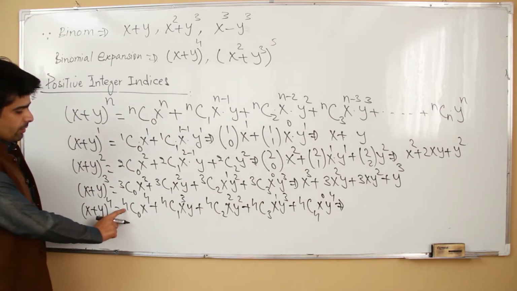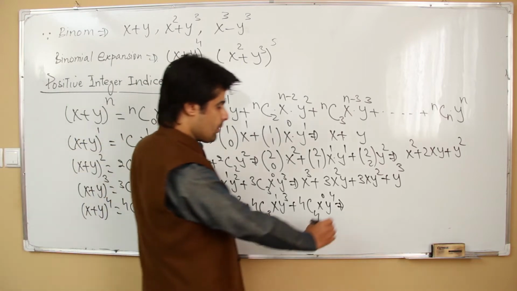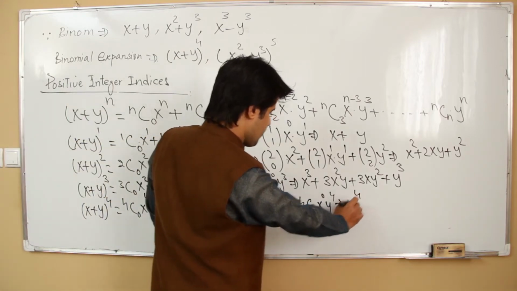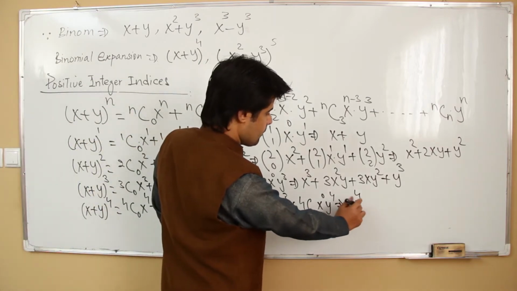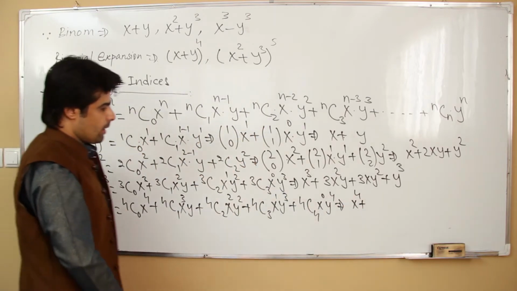If you simplify 4C0, it's 1, 1 x to the power 4. Do not write y to the power 1. Plus 4C1, it's 4.